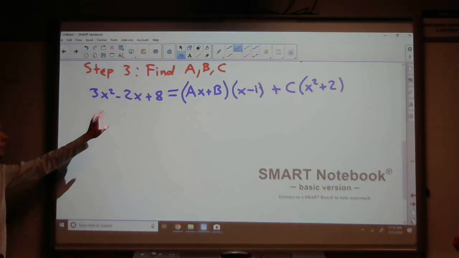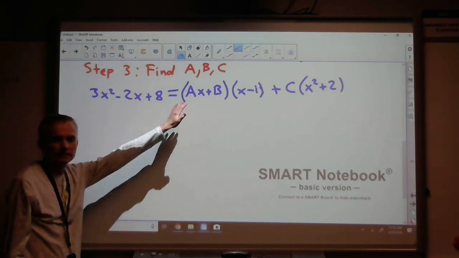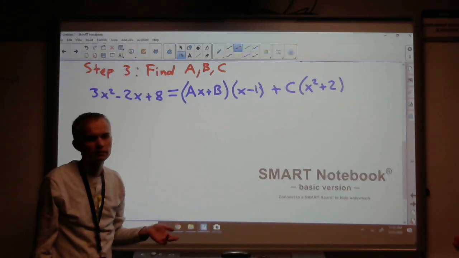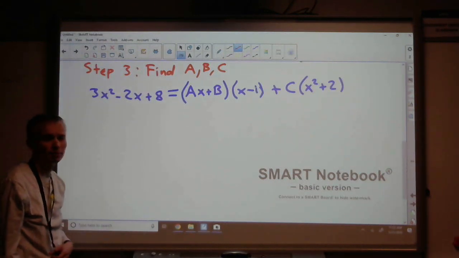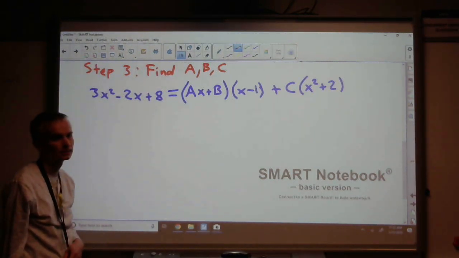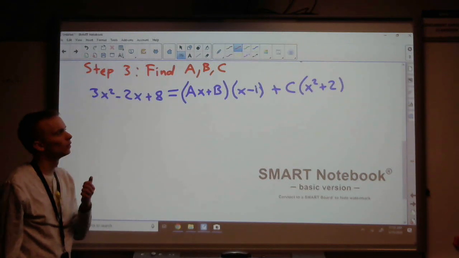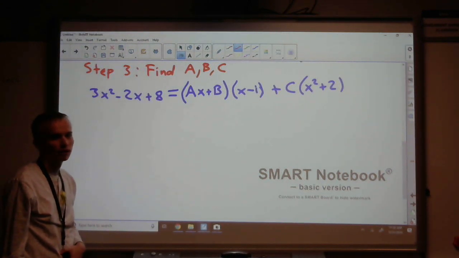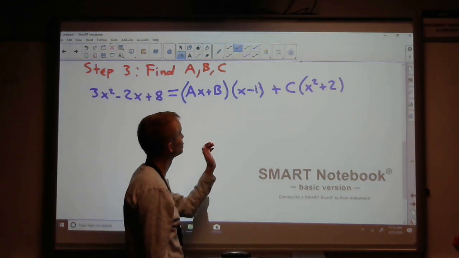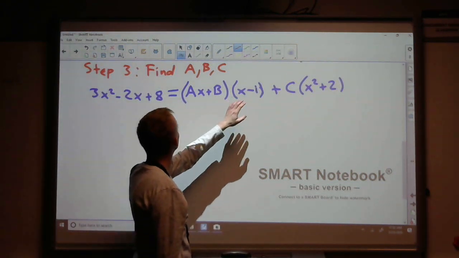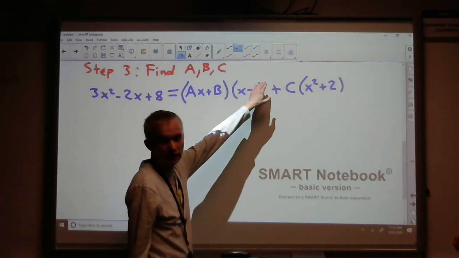So if you remember, to find A, B, and C the way I normally do it, the book does something else, but the way I normally do it is I plug in numbers for x, okay? And then I solve for the things that I want to figure out, okay? So first things first, I should look in here and figure out where is this going to be 0?